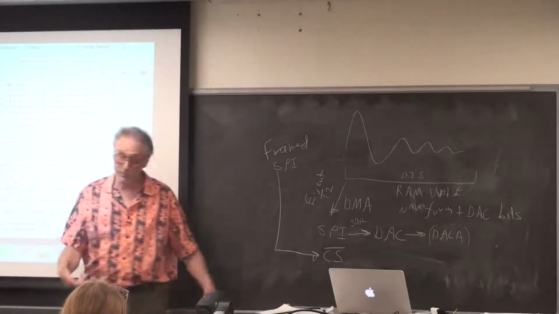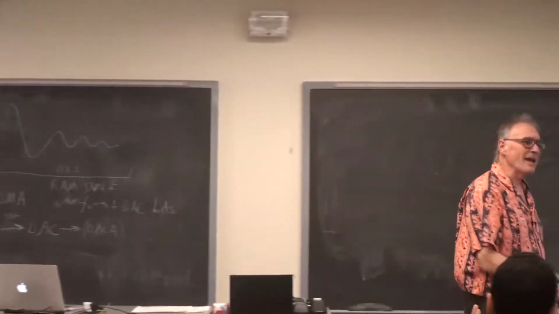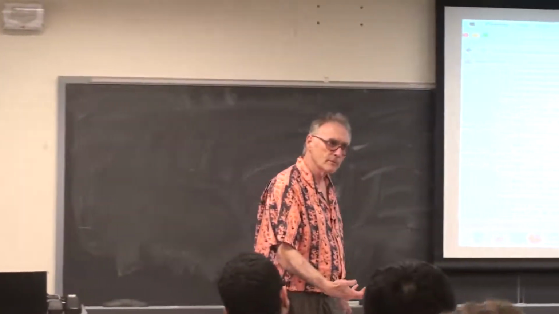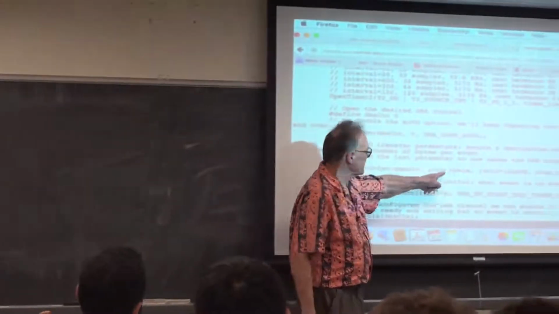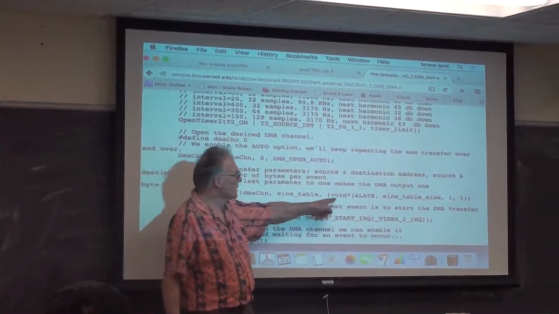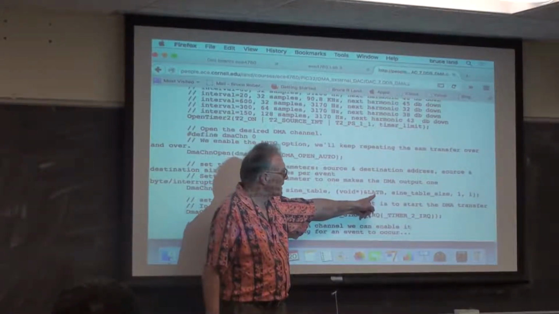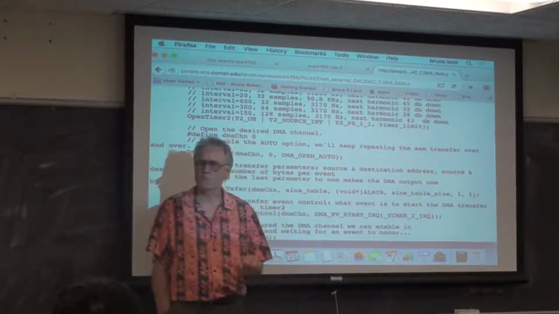That's a memory pointer. Remember that the name of an array is a pointer. So this is the pointer to the array sine table. Then we're going to give it the pointer of a target. In this case, lat B.